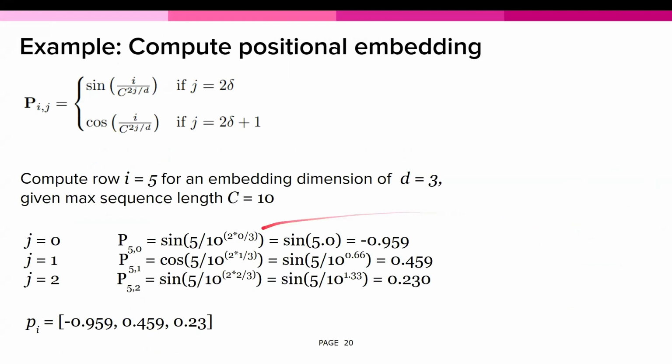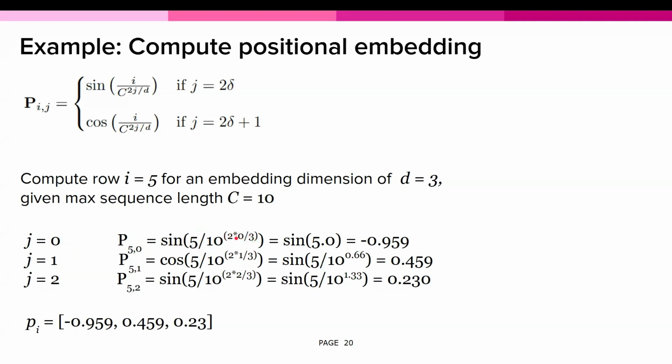Okay, so my solution, we're interested in row 5 for an embedding dimension d equals 3, and the max sequence length is 10. For the zeroth column, j equals 0, so element 5,0, we're going to compute the sine of 5 over 10 to the 2 times 0 over 3.